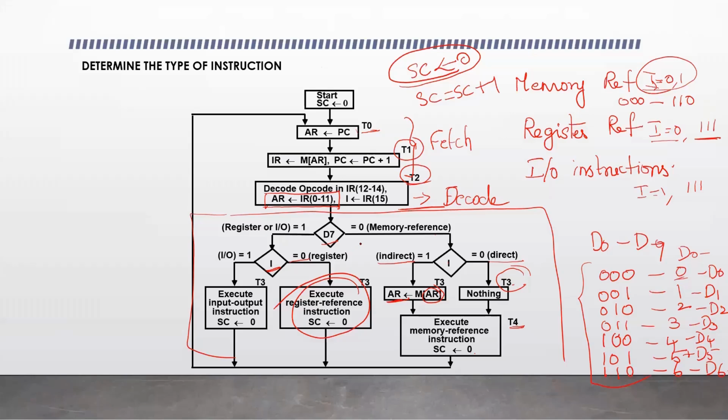If you see this flow chart, to identify the type of the instruction, the control condition for these 4 paths the instructions take can be symbolized as D7 dash I T3.